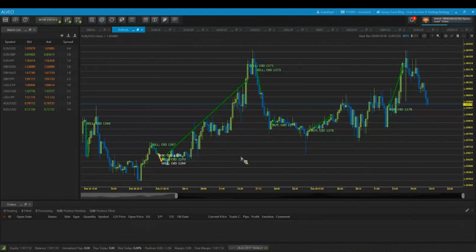That's neither here nor there. My point of showing you this is that you don't have to be perfect in every single move. If I was perfect, I'd have gotten out of this sell right here at the bottom, which was actually quite perfect.